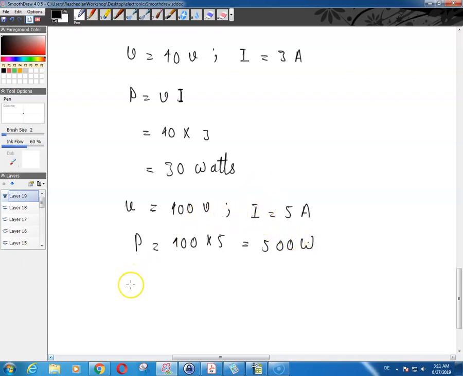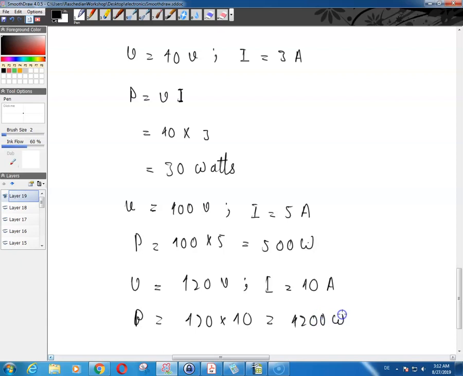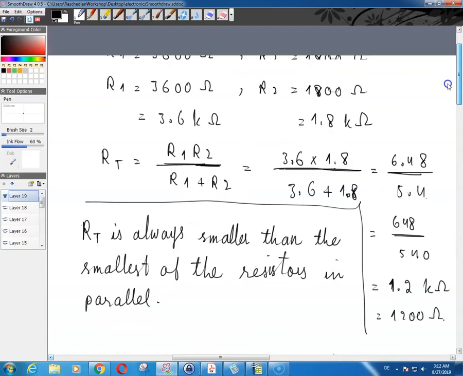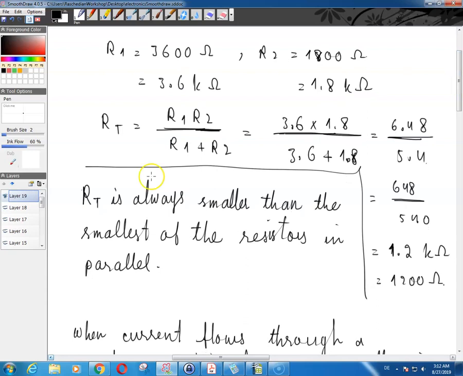Or if your voltage is 120 volts and your current is 10 amps, then your power is going to be 120 times 10, which is equal to 1200 watts, which is equal to 1.2 kilowatts. That's basically how you calculate power in a DC circuit.